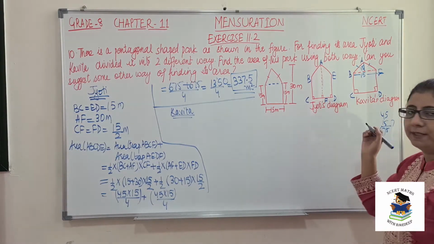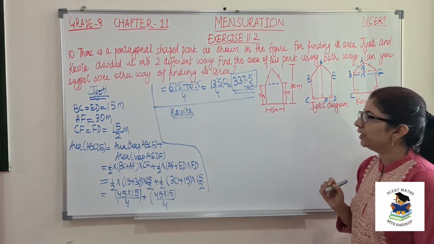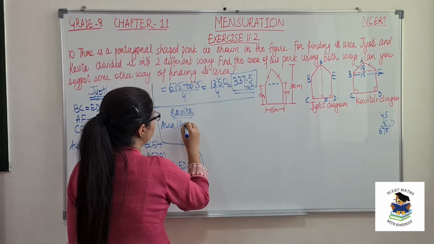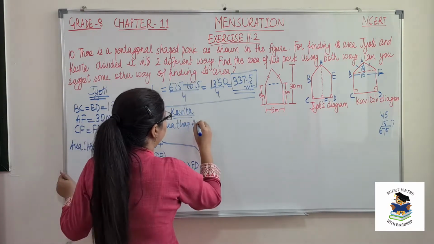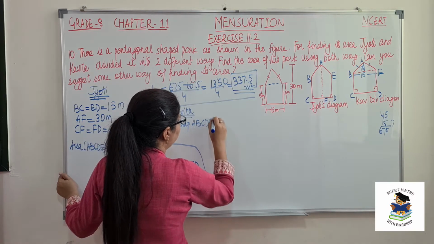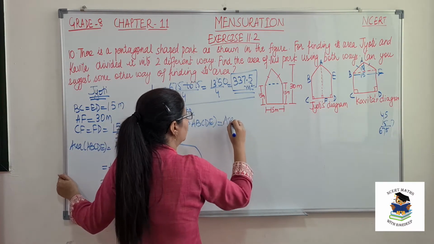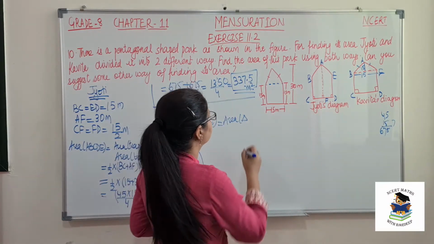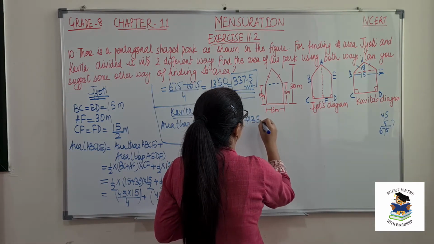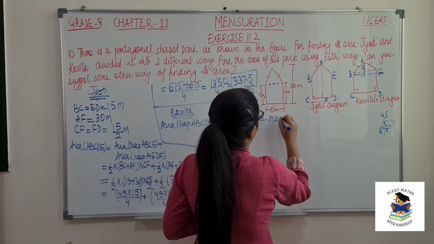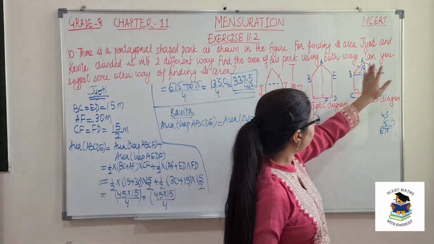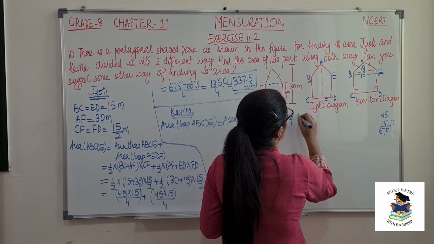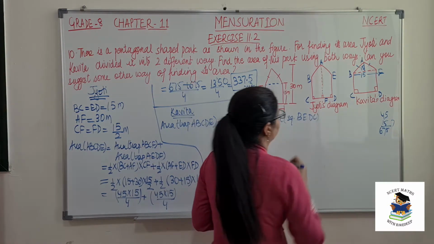So half into base into height we can use for the area of the triangle. So for Kavita's part we will write area of A, B, C, D, E is equal to area of triangle ABE plus area of, what is this? See, each side is 15, so this will be a square. Area of square BEDC.